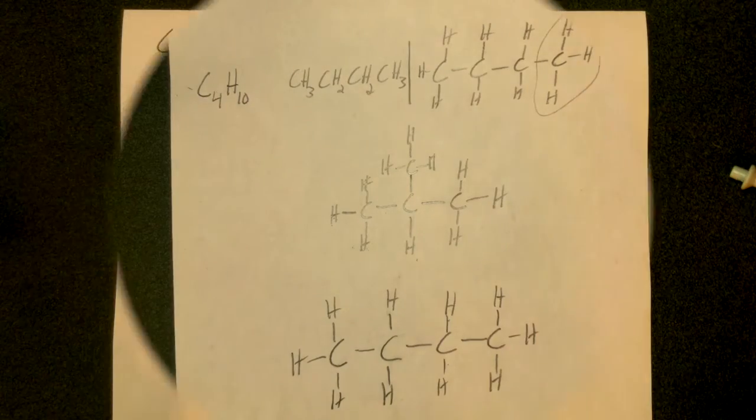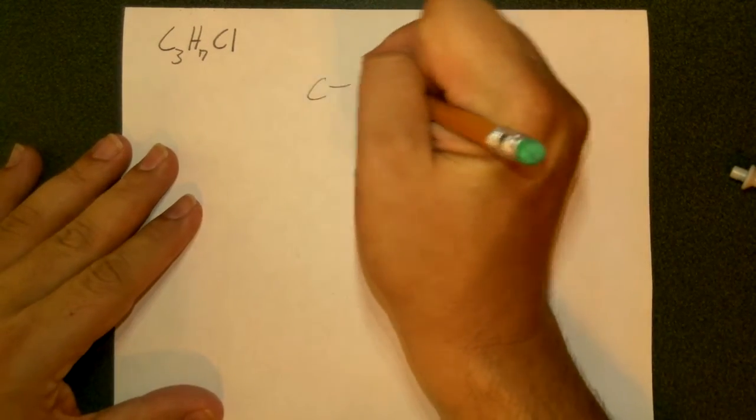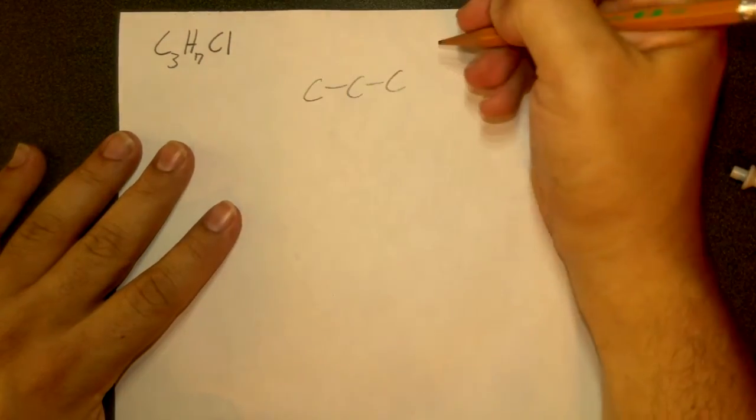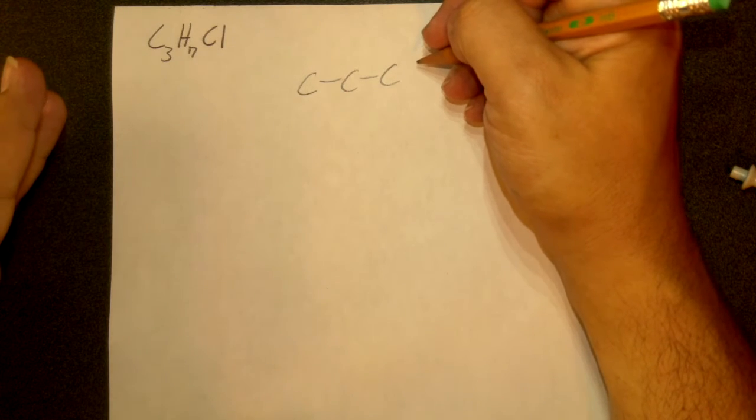Let's do one more. Let's start with C3H7Cl, and we'll start once again by drawing a chain of 3 carbons. Hydrogens always go last in my mind because they always just go where the carbon still needs bonds.